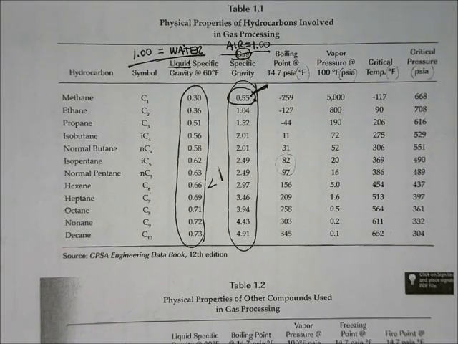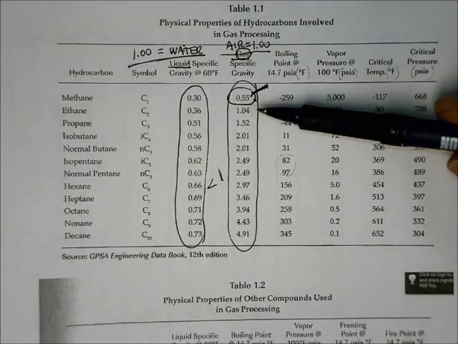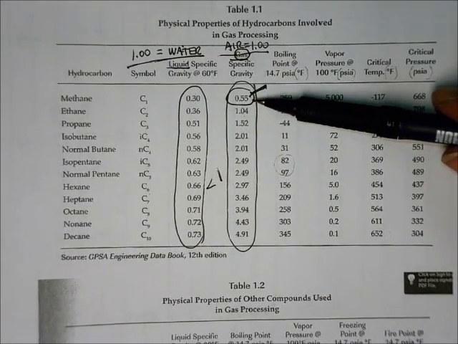So what's the significance of that? What happens if you get a gas leak in your gas processing plant, or even out at the well where you have natural gas? If you get a leak in some vessel and gas is escaping, if the gas that's escaping is lighter than air, it's going to float up into the atmosphere and go away.